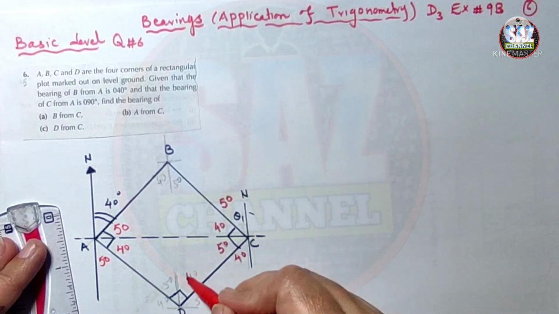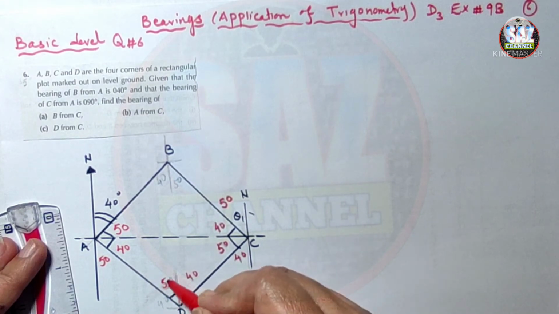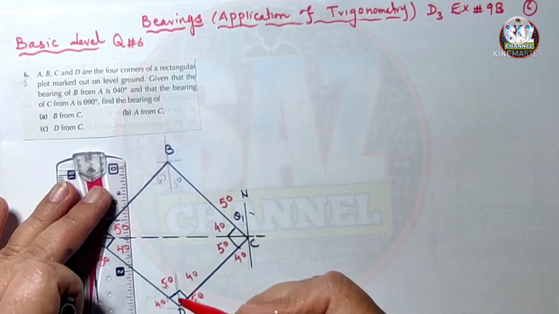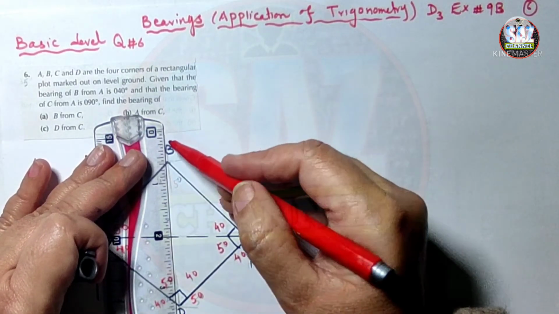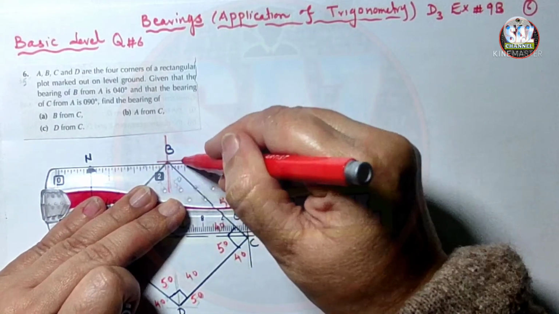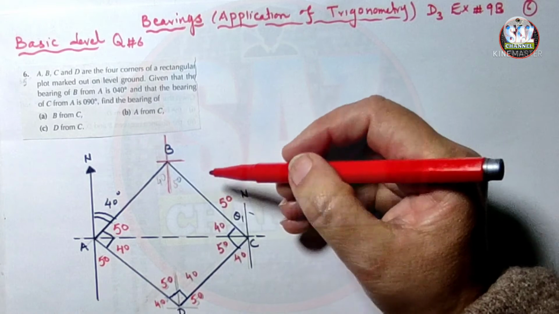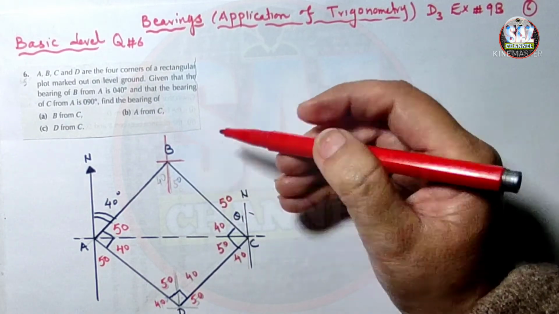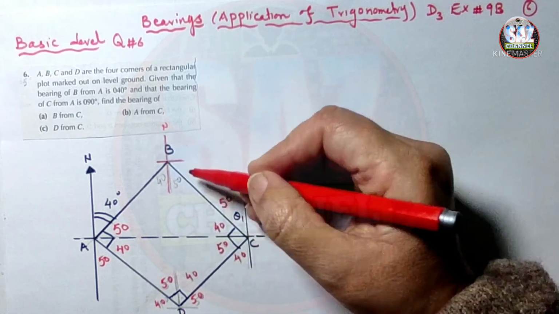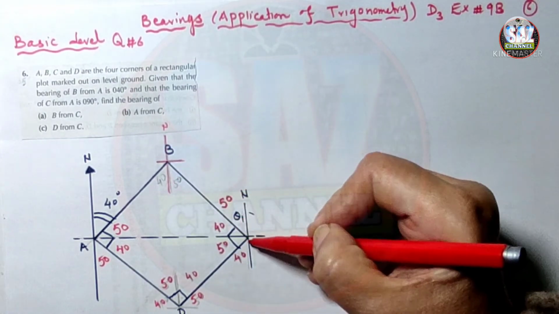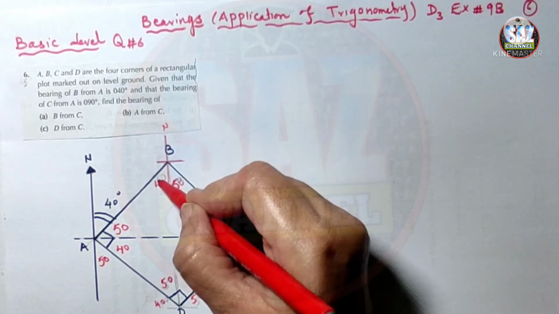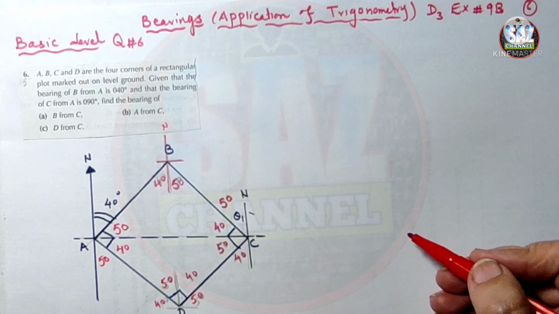This is 40 degrees and this is 50 degrees, and again it is 50 and 40. Let me draw the line here so that I can clear the concept that in the beginning we are not given any angle. If we look at north at this place and north at this place, we can see that they are parallel to each other, and this is the formation of a Z. So it will also be 50 degrees and this angle will be 40 degrees.